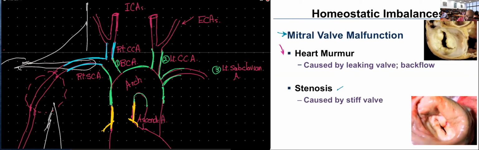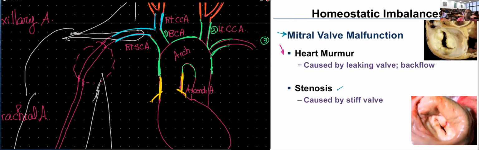Each of the common carotids gives rise to a branch traveling to the inside of the skull to supply the brain, and another branch that travels outside to supply the face and scalp. The ones traveling inside are my internal carotids. The ones traveling outside are my external carotids.